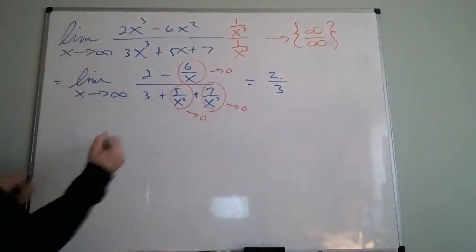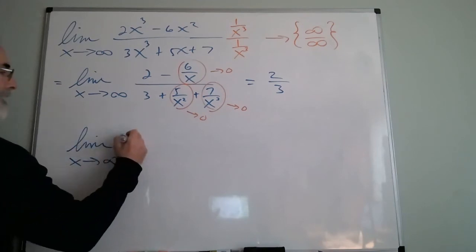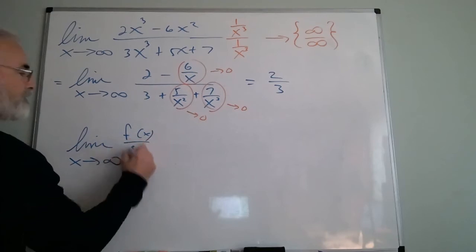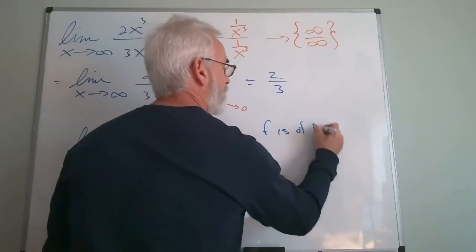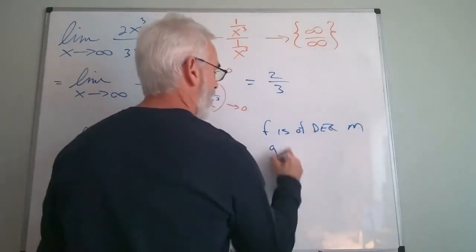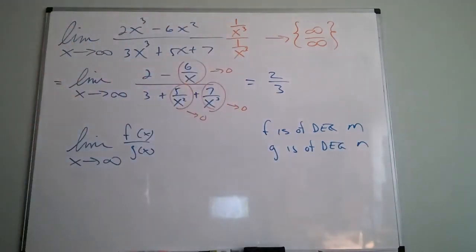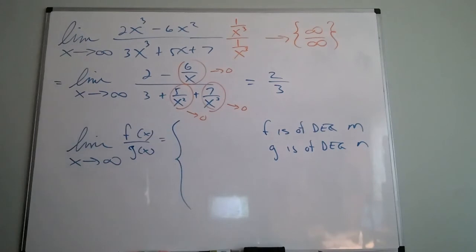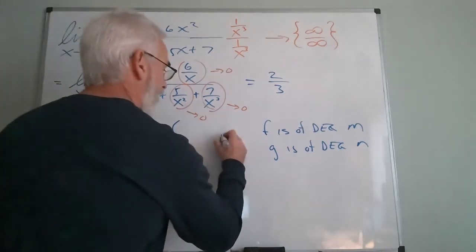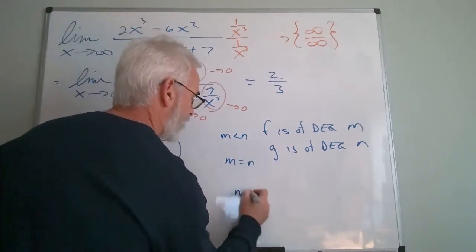So let's write it this way. If I said, I have the limit as x goes to infinity of f of x over g of x, and let's say that f is of degree m and g is of degree n. I'm saying f and g are both polynomials with the following degree. Well, I have 3 possibilities, don't I? If m is less than n, if m is equal to n, if m is greater than n.